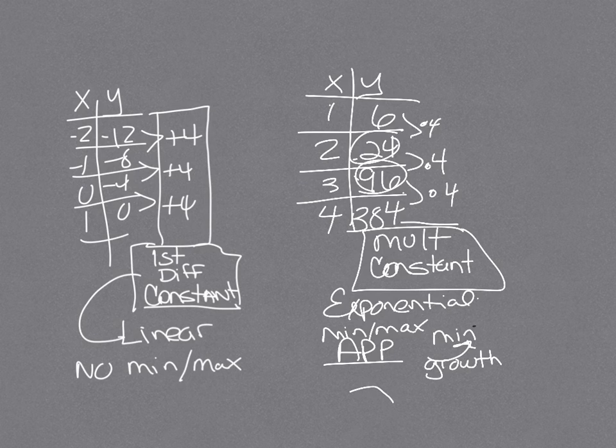If it's a maximum, then that's going to be decay. And we always say it's approaching, like approaching 0 or approaching -1. So that's linear and that's exponential.